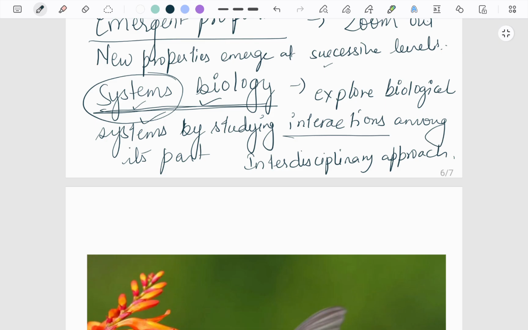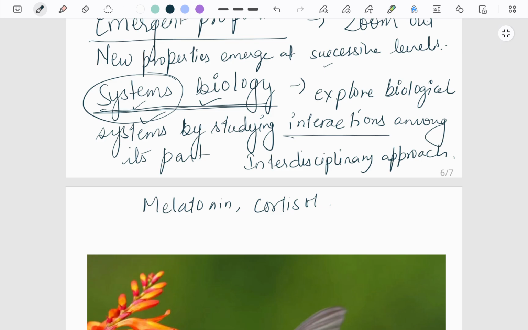There are multiple molecules involved, and there is interaction among different molecules. I will give two examples: the sleep hormone, melatonin, and the wake-up hormone, cortisol. But it's not just these two chemicals. There are multiple chemicals involved, so we have to study the interactions among them.